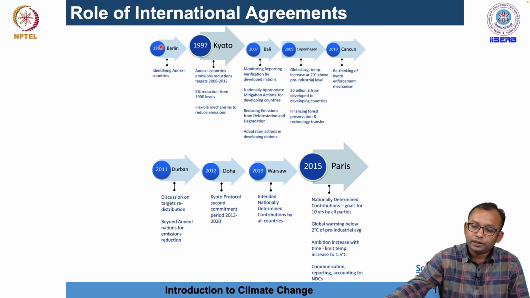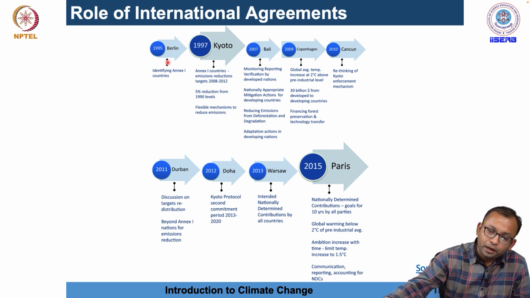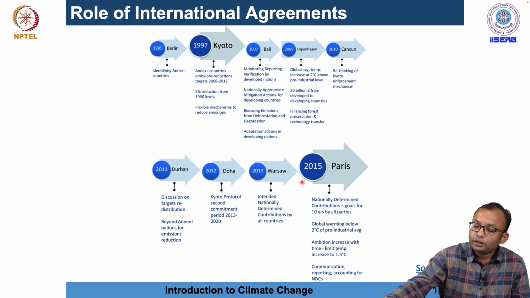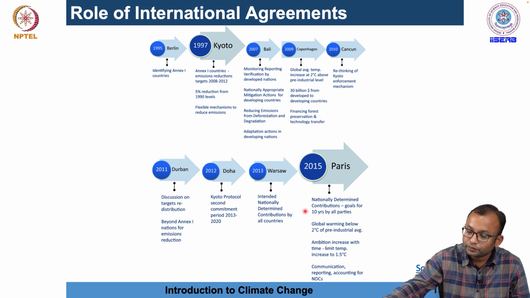There are several international agreements which have already been signed. For example, the Berlin agreement signed in 1995, then Kyoto, Bali, and Copenhagen. Very recently we have also seen the Baku agreements in Azerbaijan. Previously we saw the Paris agreement, where we discussed the nationally determined contribution goals for 10 years of all parties, including different countries and their financial states.